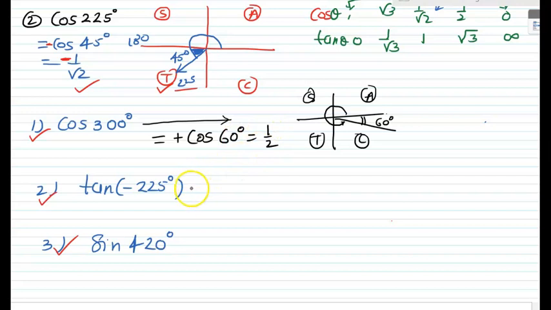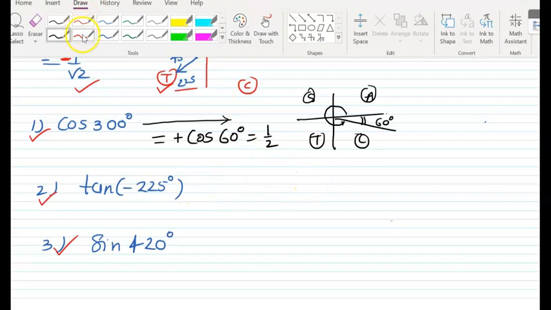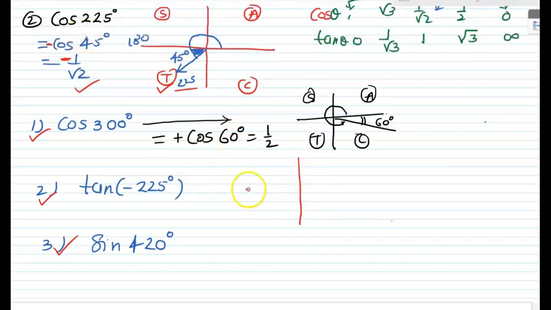Now let's go for this: tan minus 225. For this question, we are constructing another quadrant here, and minus 225. So you're crossing here, going in the negative direction. It should be somewhere here. So this is minus 225. What will be the acute angle here?